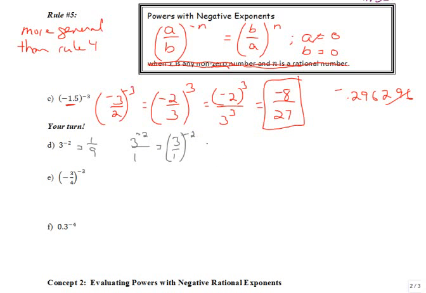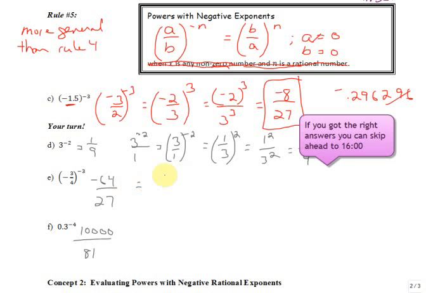Then I flip it, and it becomes (1 over 3) squared. So that's 1 squared over 3 squared, and 1 to anything is still 1, so that's 1 over 9. It's a little more complicated doing it that way. I just wanted to show you that the rule does apply even if one of the numbers is 1. The answer to E is -64 over 27, and the answer to F is 10,000 over 81. So if you got those, you can skip ahead.